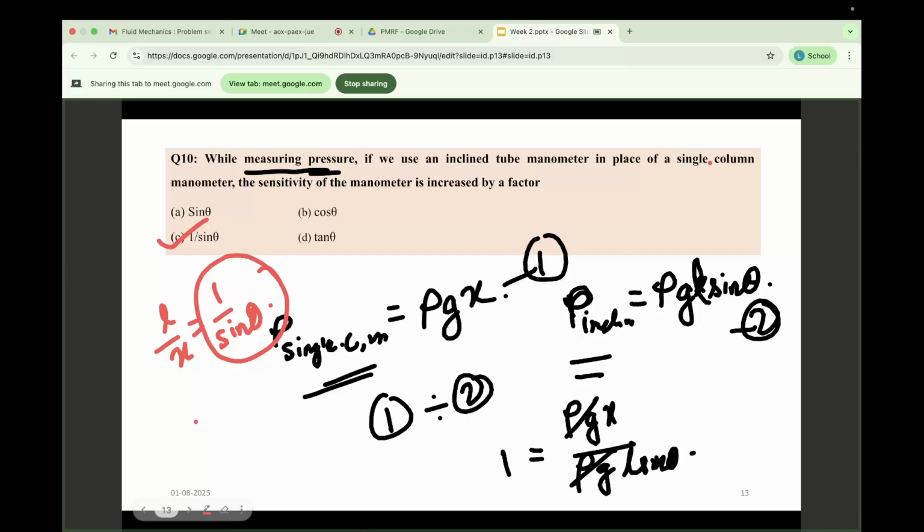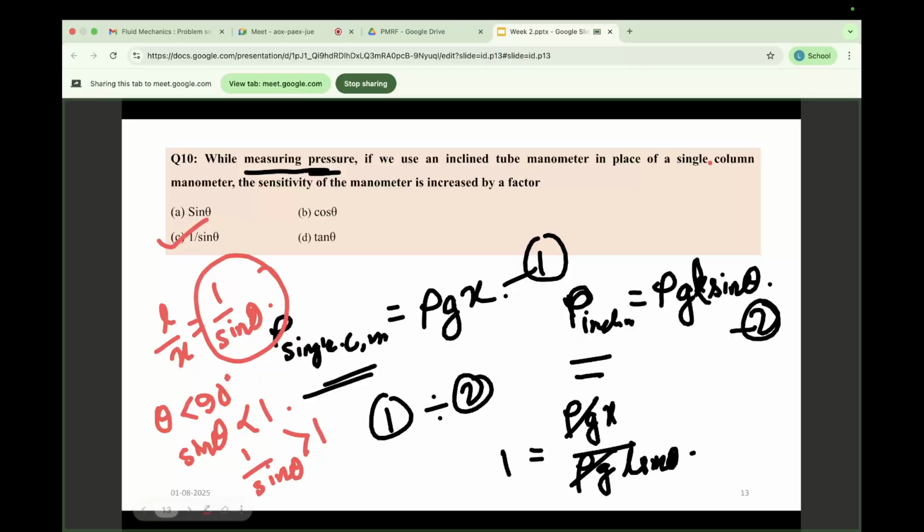Also you can tell this in that way. See, if theta is less than 90 degrees, that indicates sin theta is less than 1, right? So 1 by sin theta should be greater than 1.